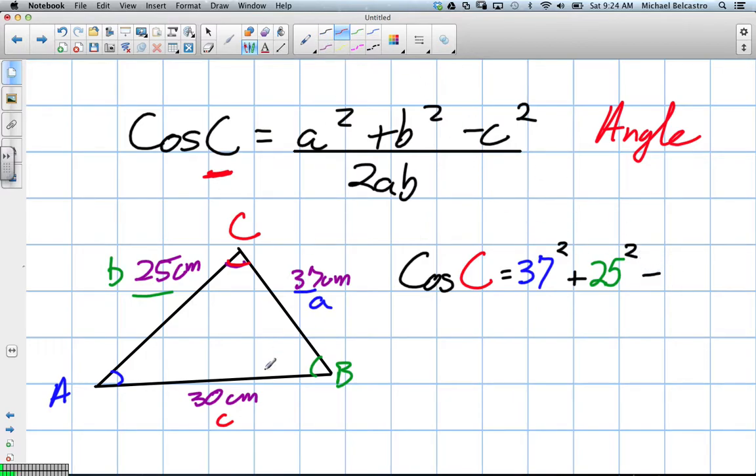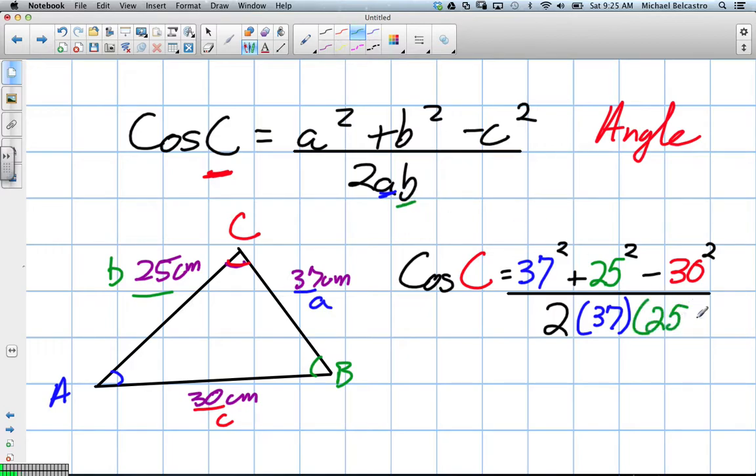Subtract side C, which is 30 squared. Okay? And all of that needs to be divided by 2 times A, and A was 37, times B, which was 25. So again, we can kind of work this out with our calculator.